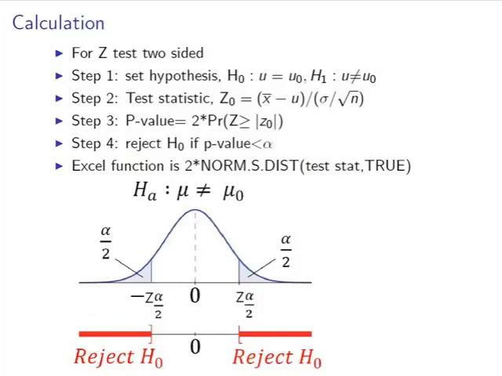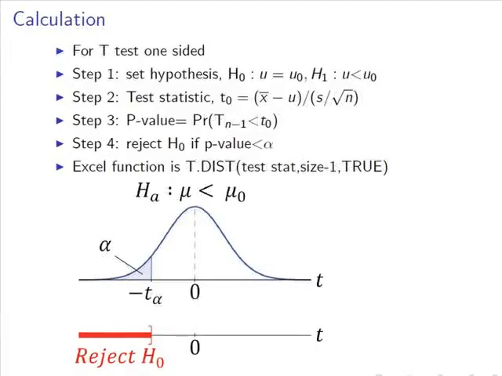Finally, reject the null hypothesis if p-value smaller than alpha. We can use Excel function to calculate the p-value, which is 2 times NORM.S.DIST. There is a graph to show you the p-value region, which is the rejection region for the two-tailed z-test.